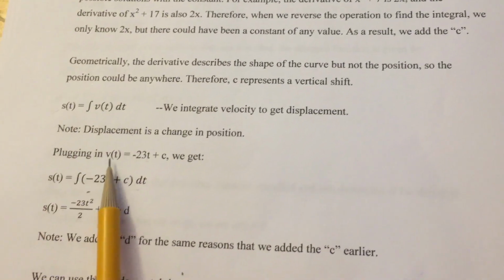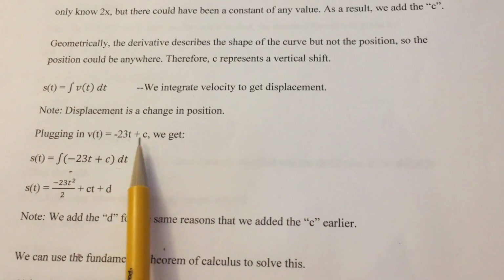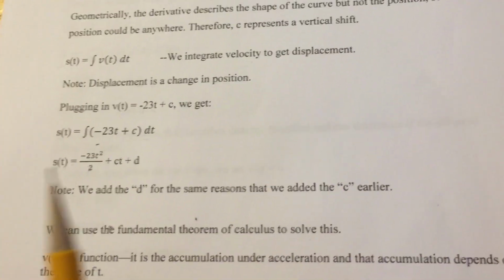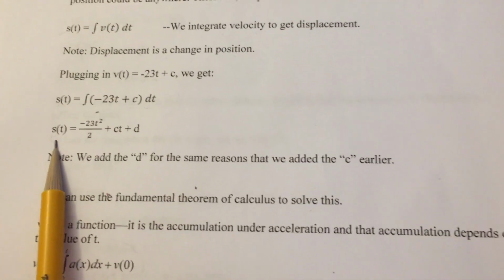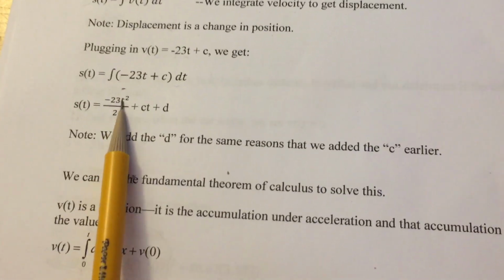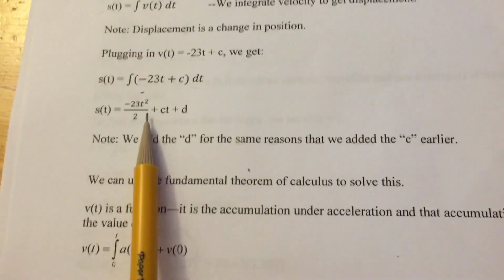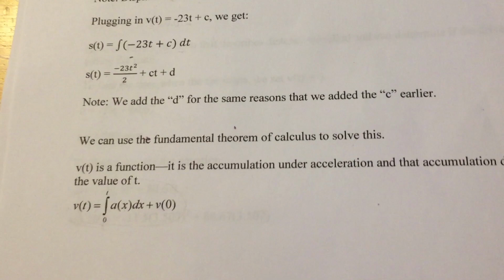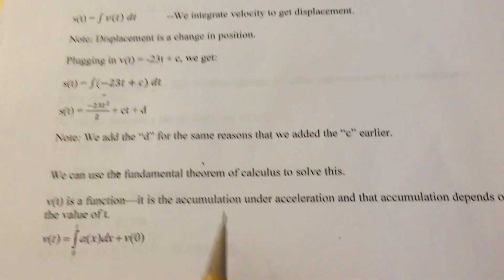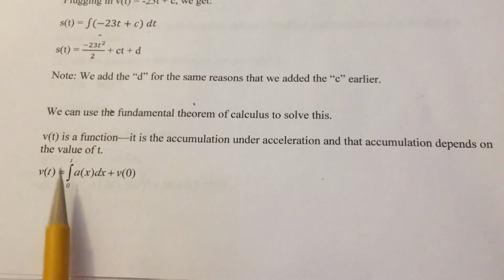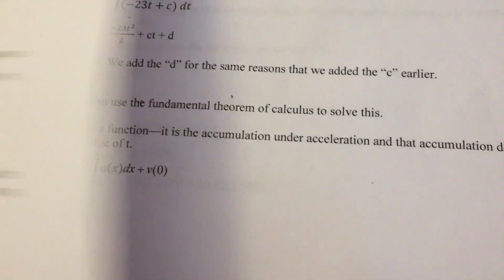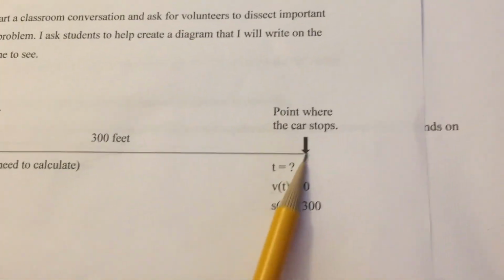We will then get our displacement, and that would be -23t squared divided by 2 plus ct plus d. And using the fundamental theorem of calculus, we can solve this because we know we're going from 0 to t, and t would be the end of the line, literally.